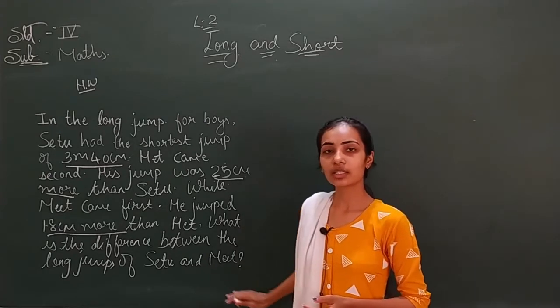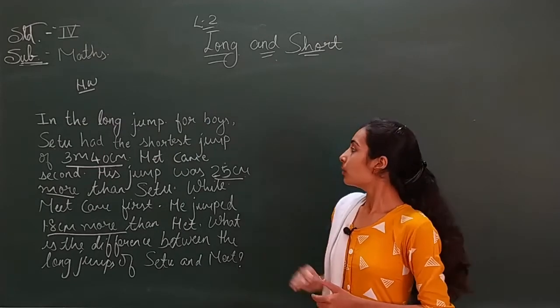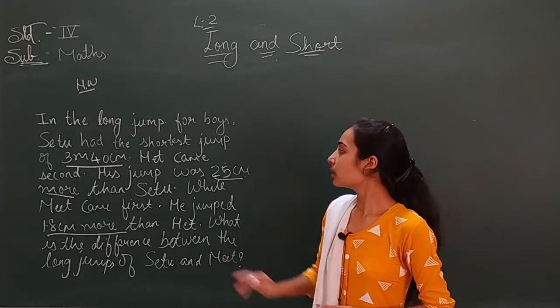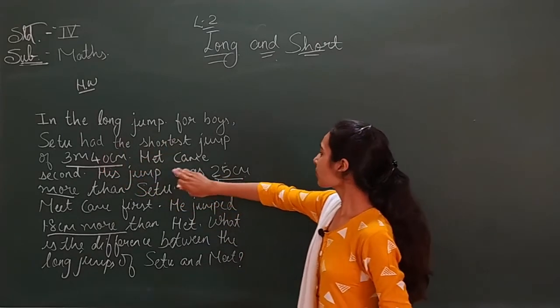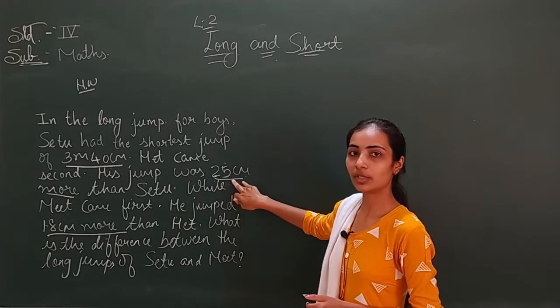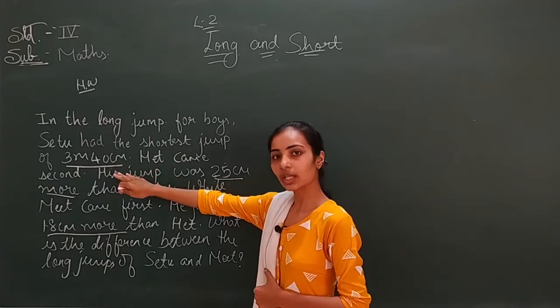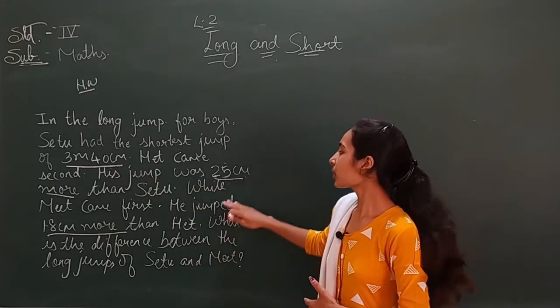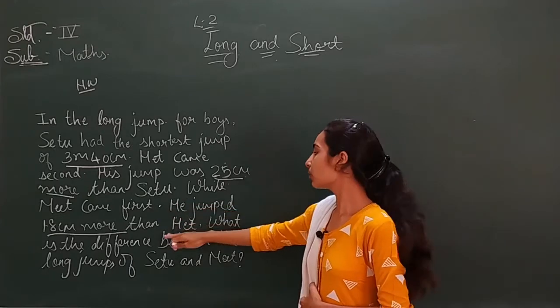Now it is a similar problem that we have done for girls. More, so you will do addition. 3 meter 40 centimeter is the jump of Setu. For finding the jump of Heath, Heath is jumping 25 centimeter more. So you will add 25 centimeter in Setu's jump, then you will get Heath's jump. Then while Meet came first, he jumped 18 centimeter more than Heath.